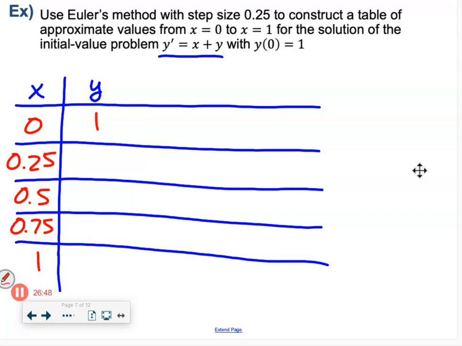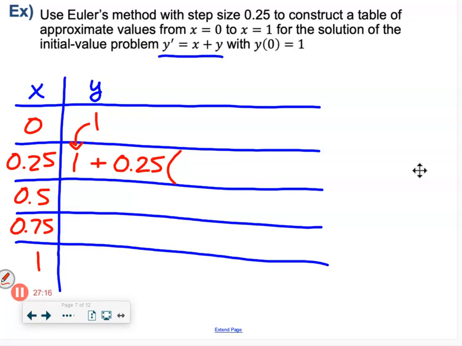All right. Let's do the y's. Your new y is equal to your previous y, so you bring the previous y down, plus the step size times your derivative evaluated at the previous x and y.